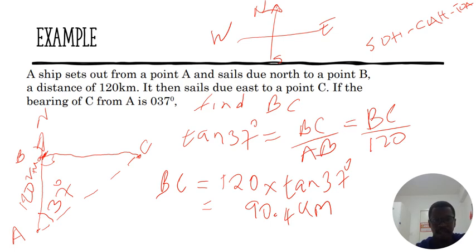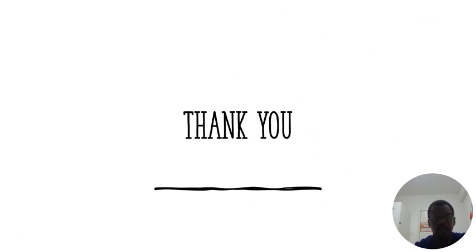In other words, C is 90.4 kilometers to the east of A.